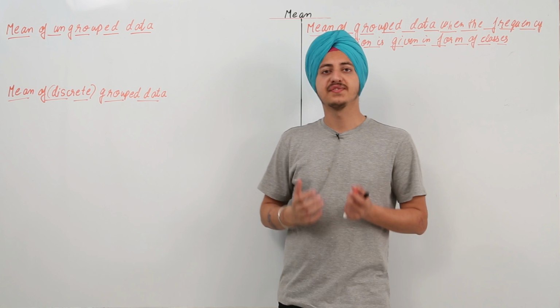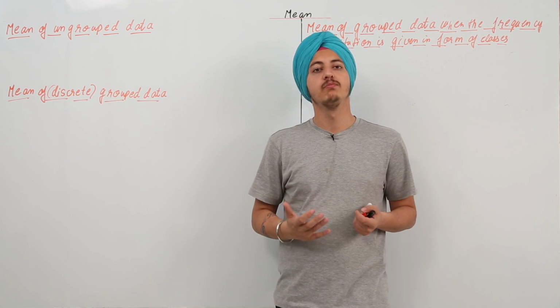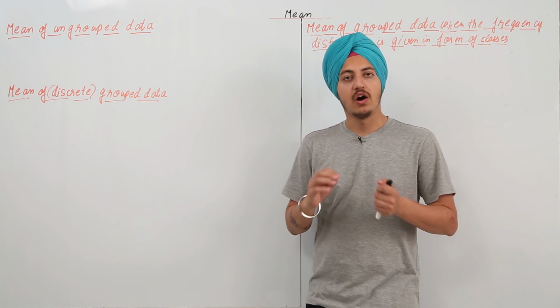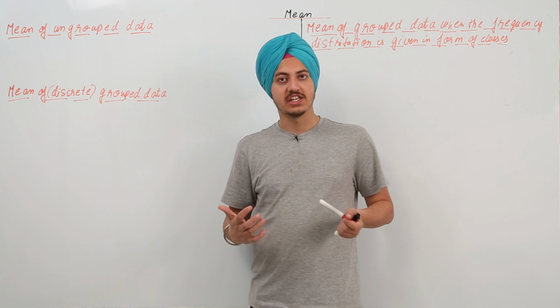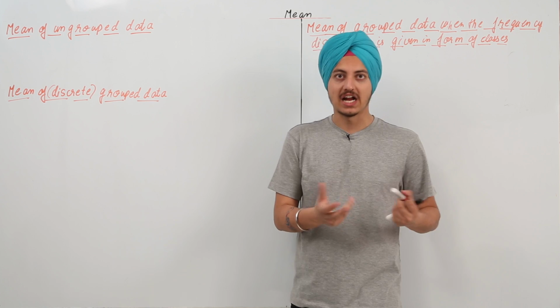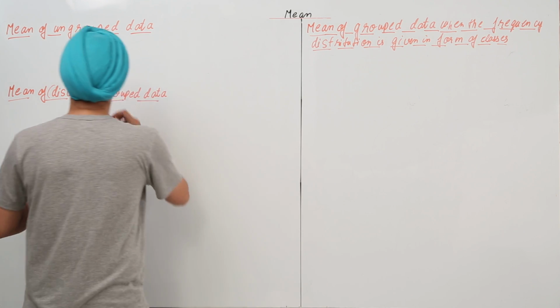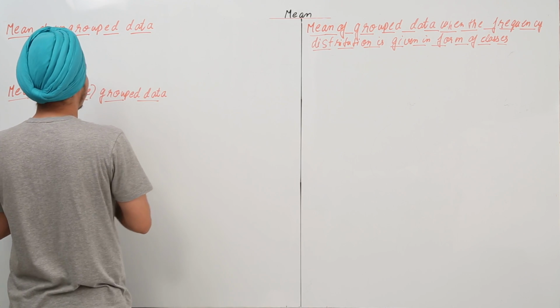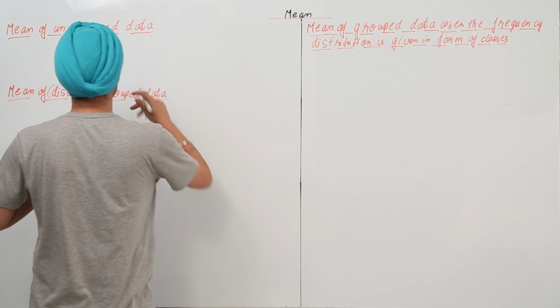To understand this, first of all you need to understand what an ungrouped data is. An ungrouped data is a raw kind of data which has no groups. Say these are the heights of 7 students.